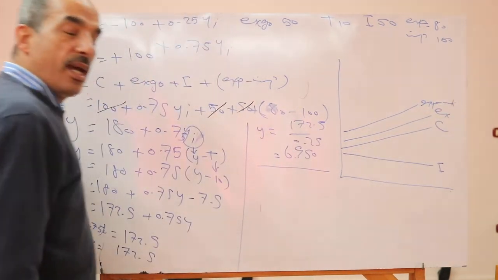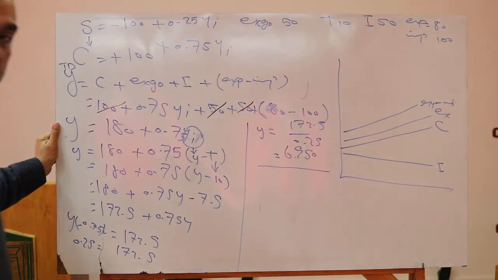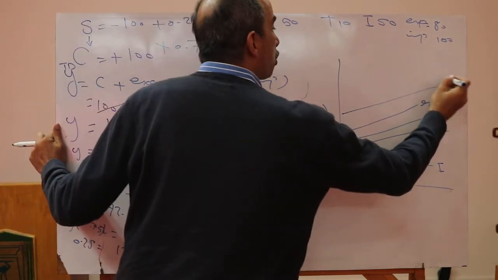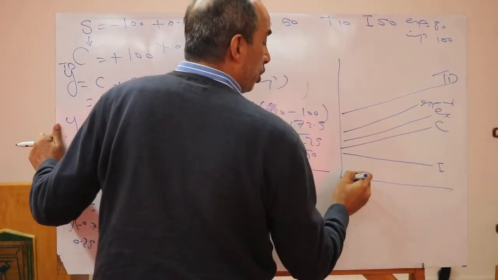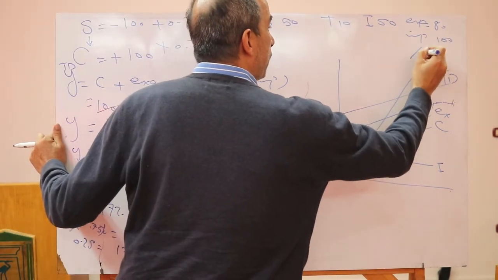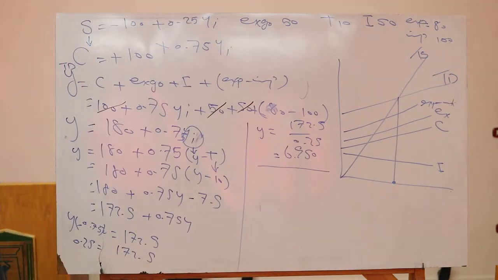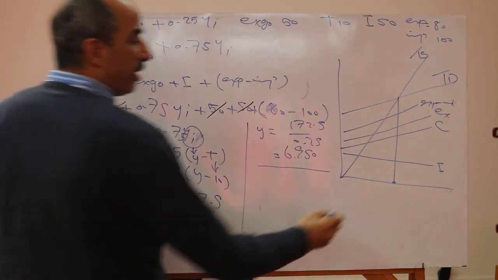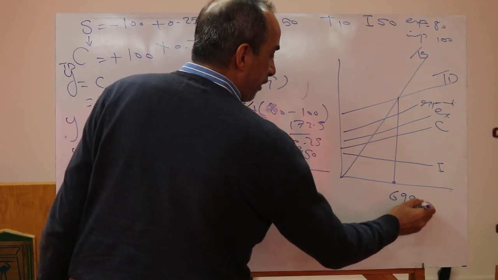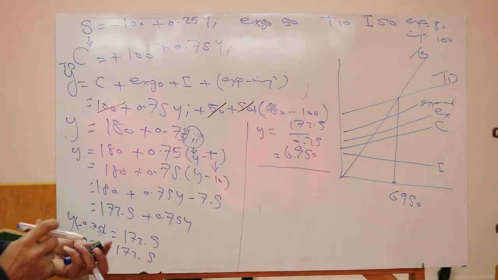This is net foreign sector. This is total product, total demand, and this is total supply, equilibrium position. And this is equilibrium position 6,972.